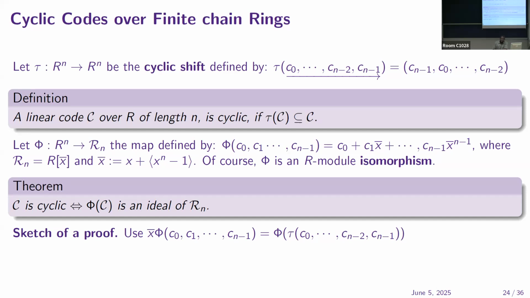Theorem: C is cyclic if and only if the polynomial representation of C is an ideal of Rn.